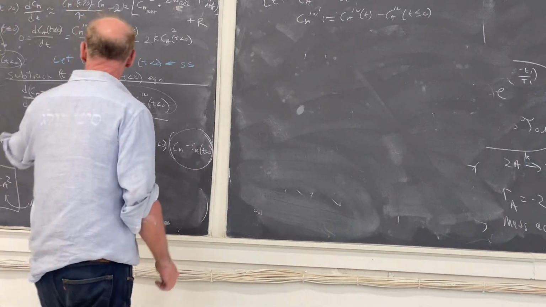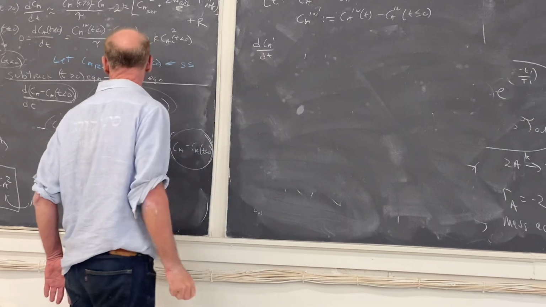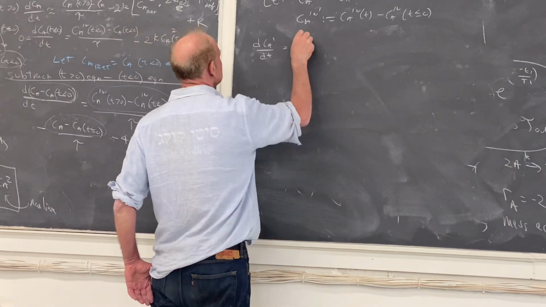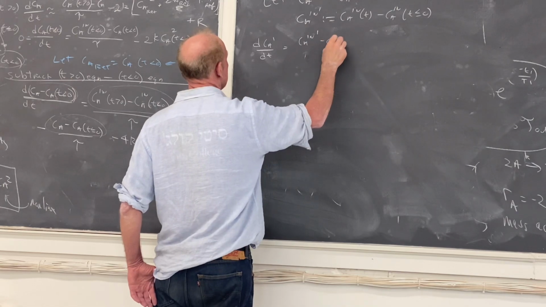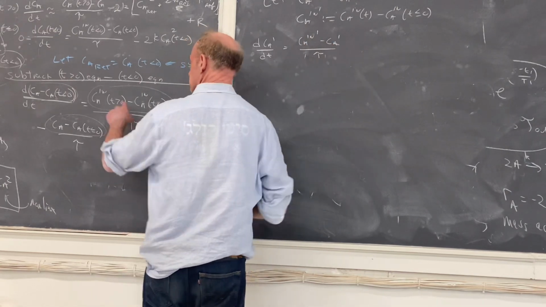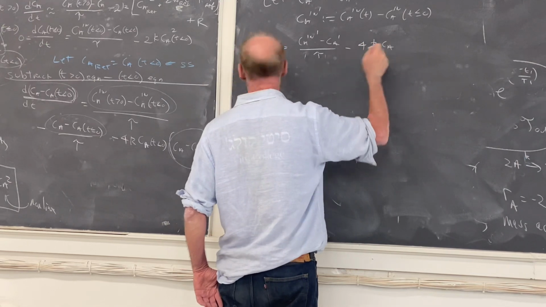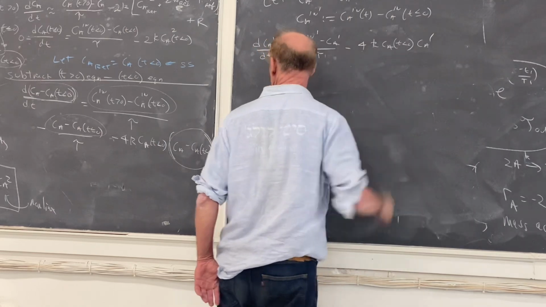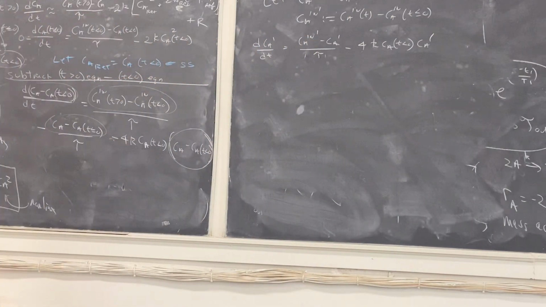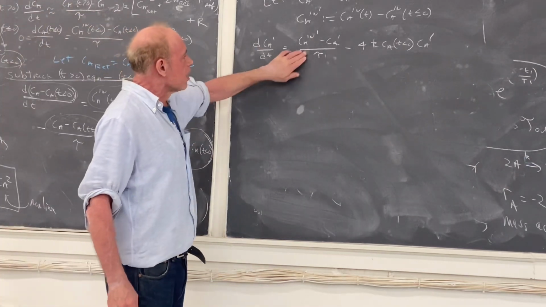And therefore, this equation just becomes dCA prime/dt is equal to (CA in prime minus CA prime) over tau minus 4k CA at t less than 0 times CA prime. What do we have here? We have the d/dt of CA prime.